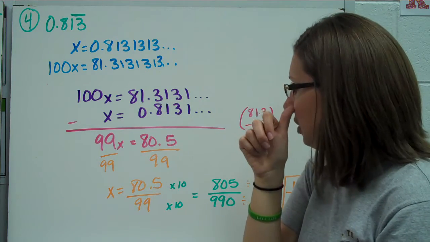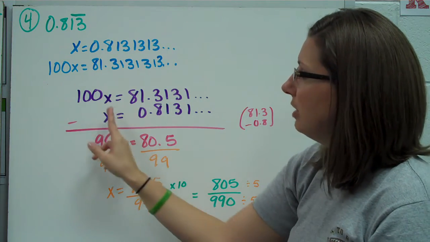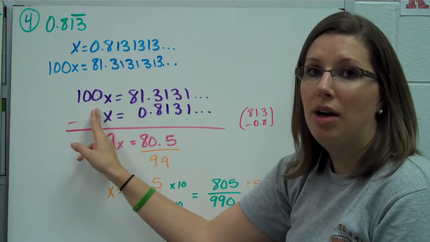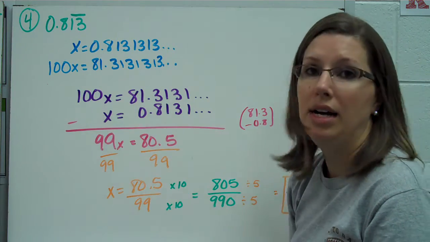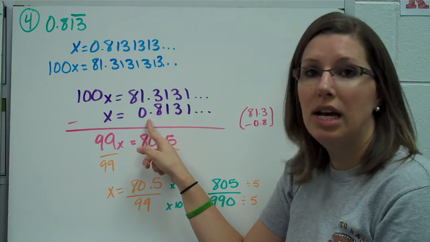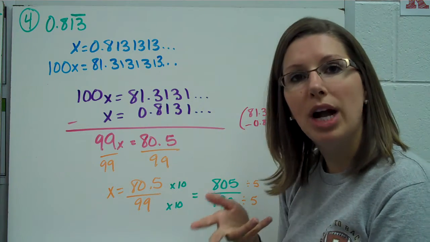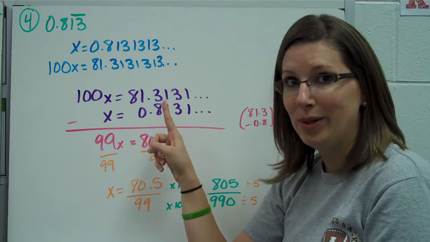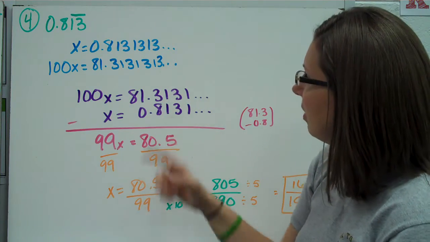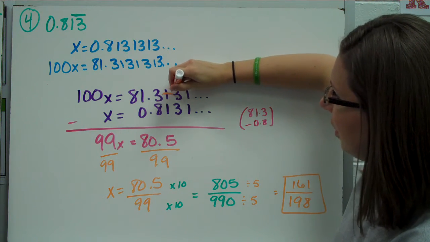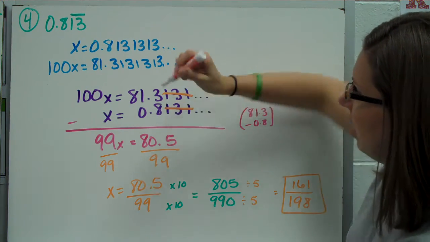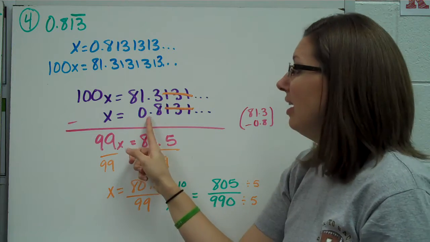Watch what happens when we subtract. Remember, when you're subtracting, you set up your variables one underneath the other, line up your equal signs, and line up your decimals, because when we add and subtract decimals, we line up the decimals. When we line them up, you'll notice something. The 1, 3, 1, 3, 1, 3, 1 cancels out, but that 8 is still there.